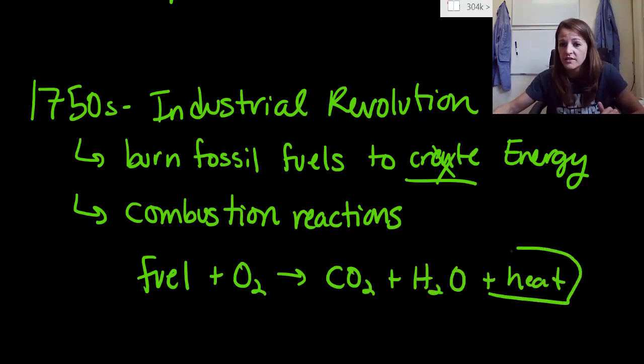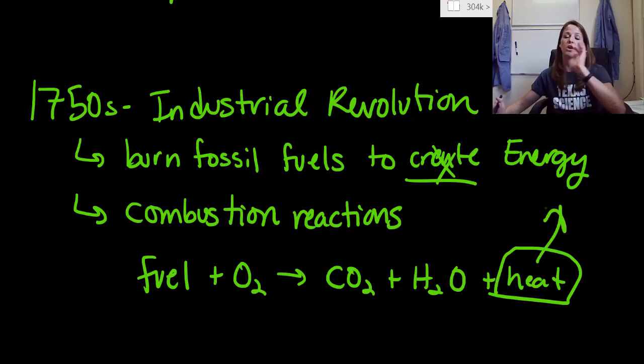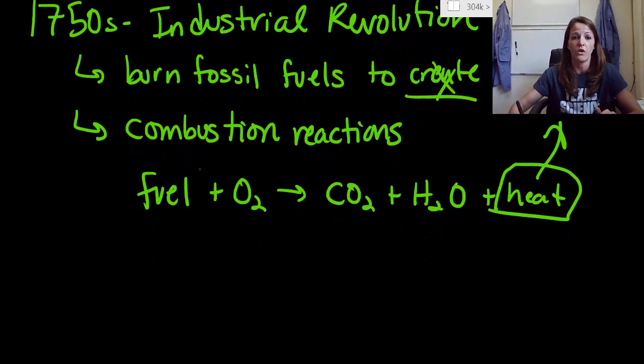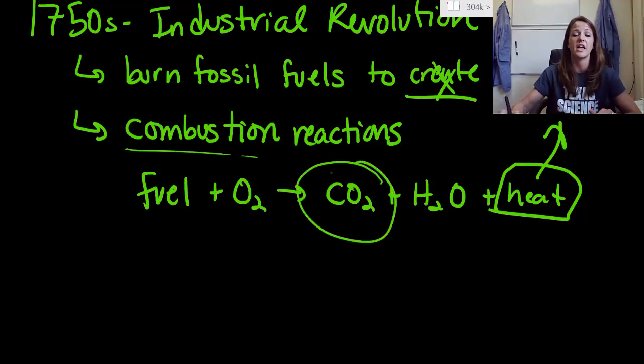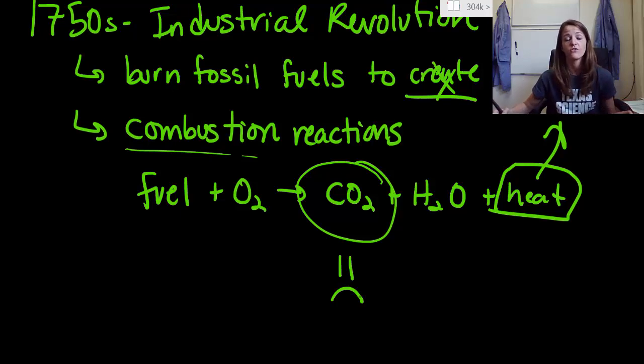This is where that energy comes from, but we'll talk all about that in another unit. What we need to focus on right now is that whenever we have a combustion reaction or whenever we have a fire, we are creating carbon dioxide and releasing carbon dioxide into the atmosphere. So although the Industrial Revolution was wonderful for our country, it was really, really bad for our environment.